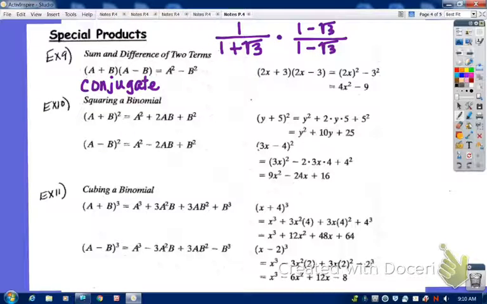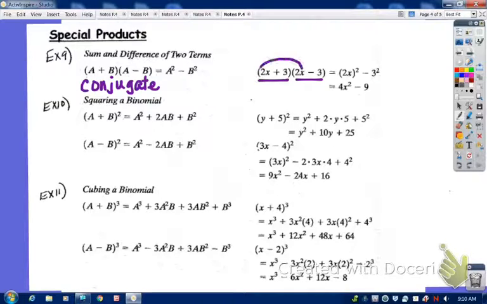So when you notice you have conjugates, like you do in this example, 2x plus 3 times 2x minus 3, see that those are conjugates? One's got a plus, one's got a minus. You don't have to multiply it out the long way. You just have to multiply 2x times 2x, and they're showing that as 2x squared. And then you do positive 3 times negative 3.